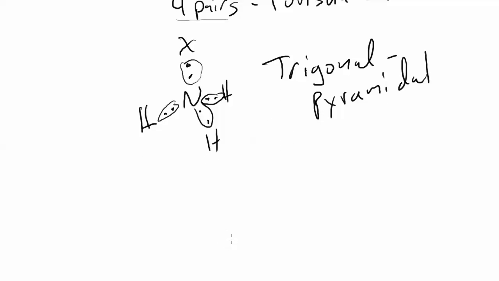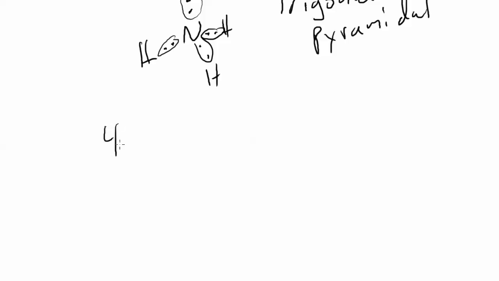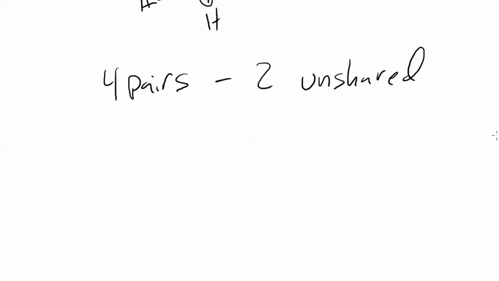So you can still have the 4 pairs of electrons, but sometimes you get 2 unshared. This is actually a really common molecule that has this shape. I wonder if you can guess what it is. You might be thinking in your head already that you know what it is.